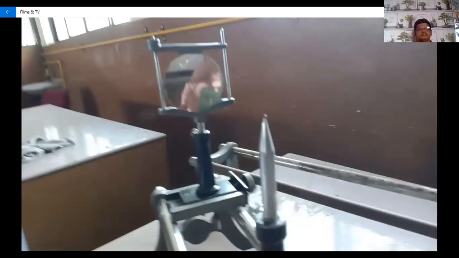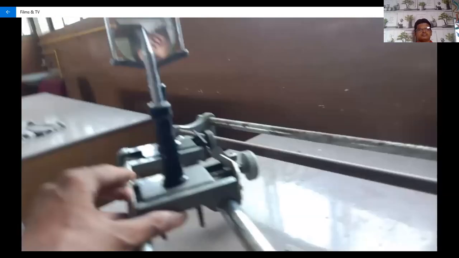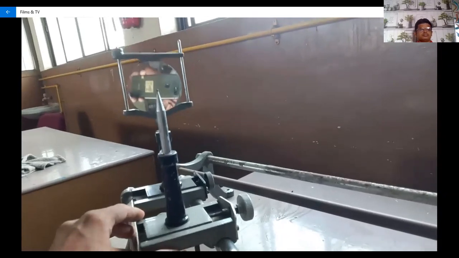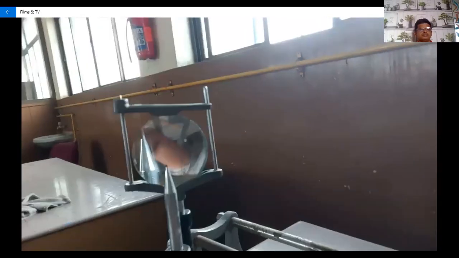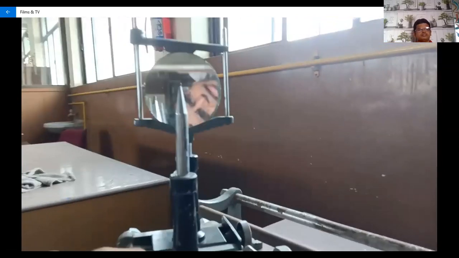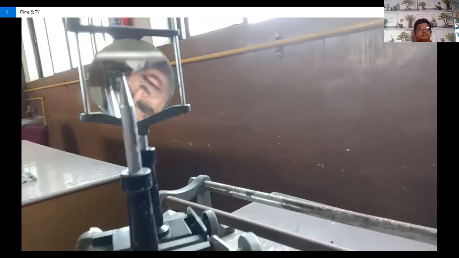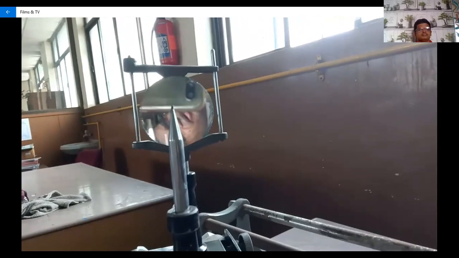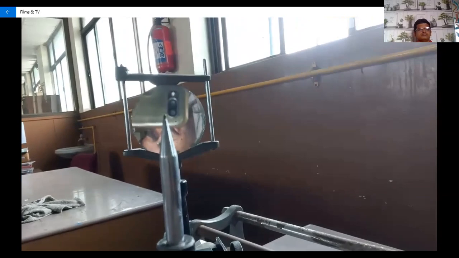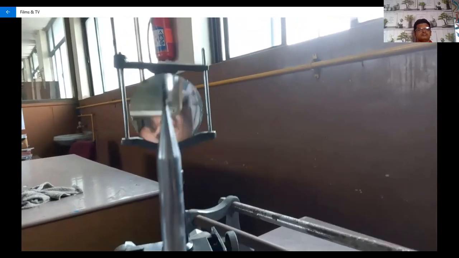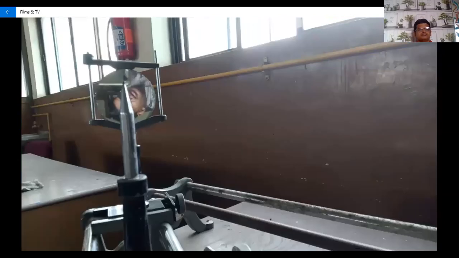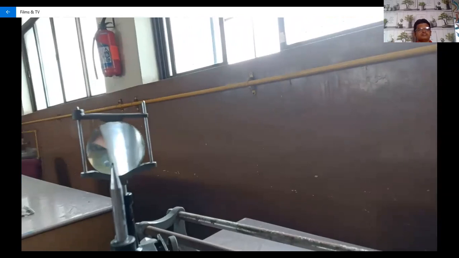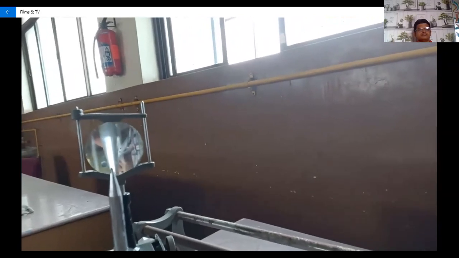Now we set it here. First, in the mirror, you will not find any type of image of the pin; it is a straight pin, directly visible. Now we move this pin until we find one small image of the given pin in the mirror. Now moving, friends, again we check. Now you see here, one image pin you found in the mirror.